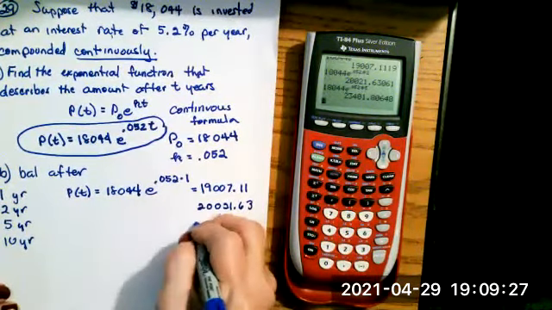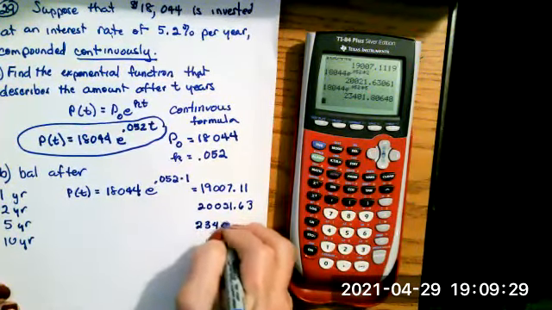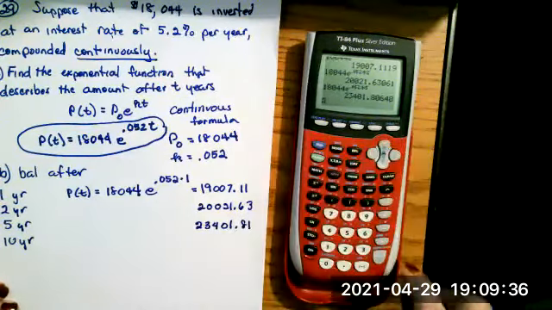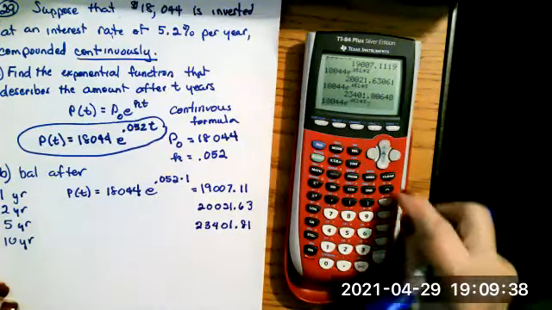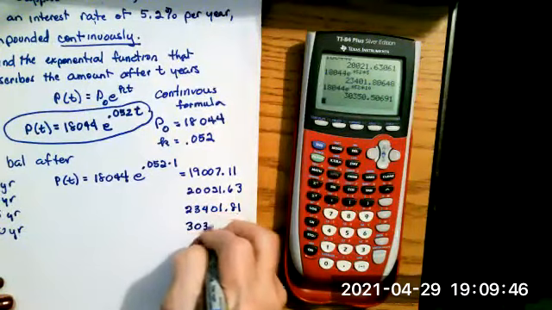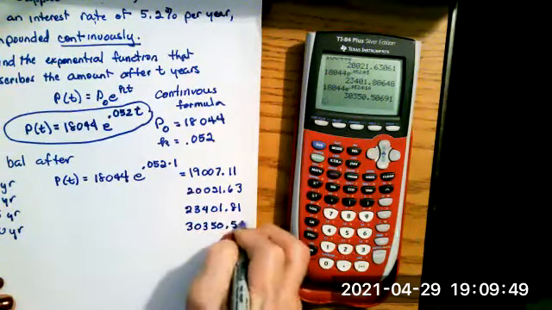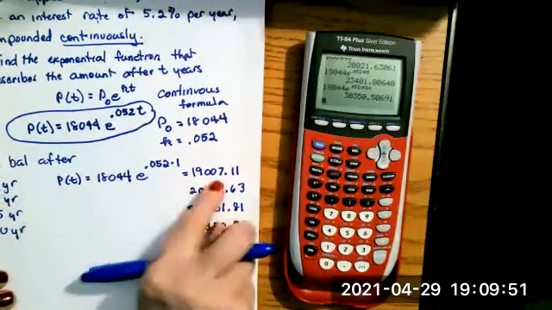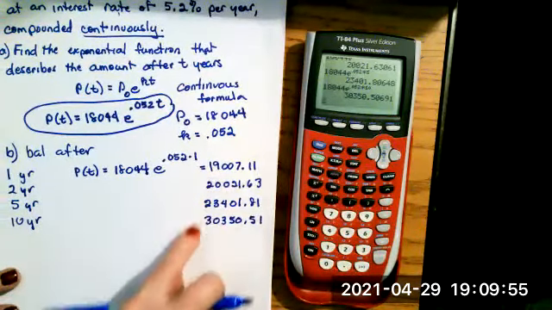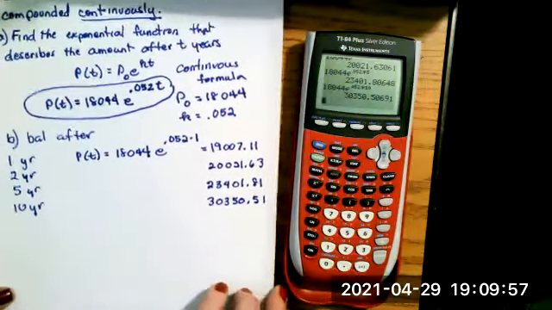And you get 23401.81. And then do it again, second and entry, and go backwards and change your 5 to a 10. And you get 30350.51. And again, make sure you get that first one in there right, because if you do this method, all these others will be wrong if you miss that first one.